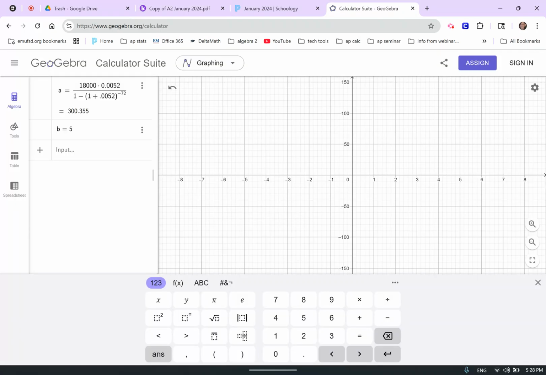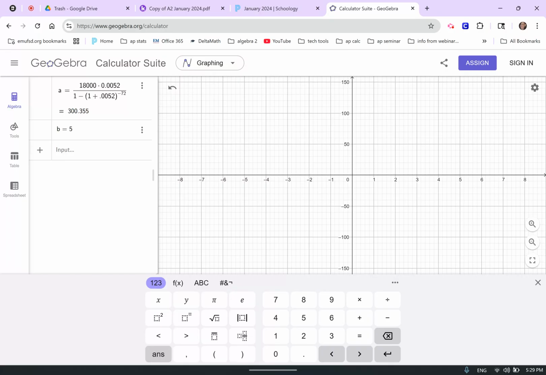Now, to save time in this video, I already entered it in. Just a couple of warnings. When you're entering in the numerator, put parentheses around the 18,000 through the 0.0052. You don't see the original input, but I put parentheses around the 18,000 and ended with the end parenthesis after the 0.0052.